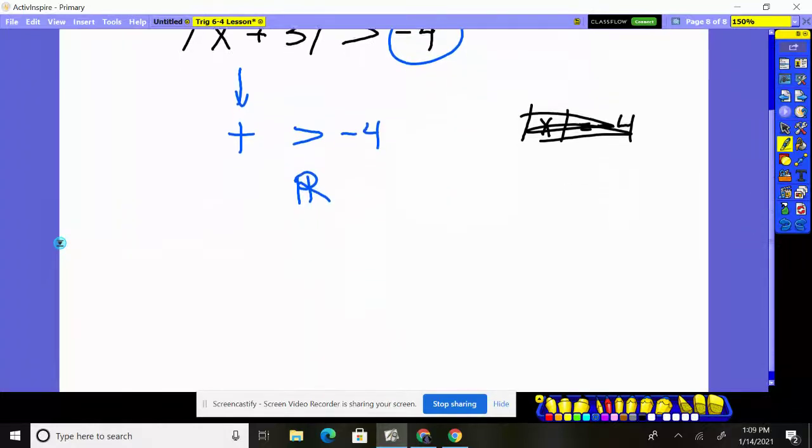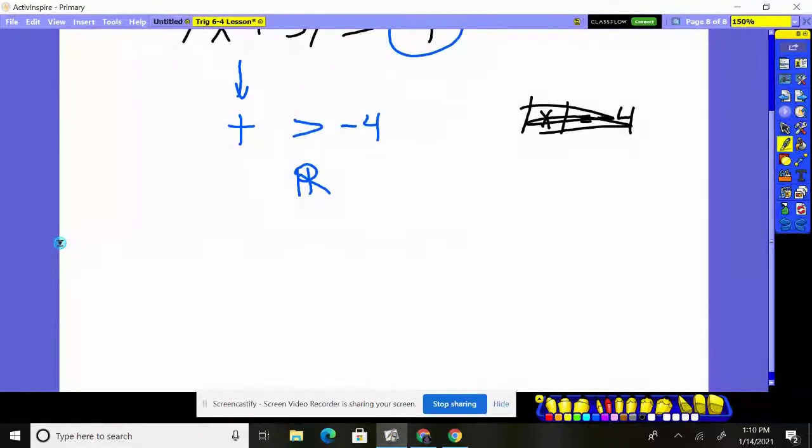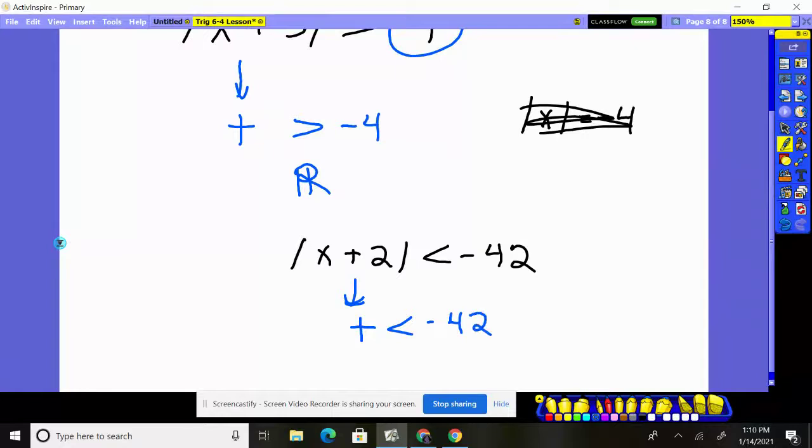The other situation you'll notice is if we had it with a greater, what if I'd said, hey, the absolute value of x, doesn't matter, +2 is less than -42. Well, I know, again, this absolute value will always come out to be a positive number. How often is a positive number smaller than -42?